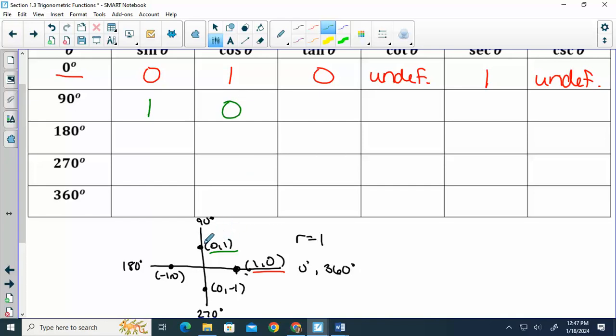Tangent, y over x, 1 over 0. Cotangent. What's the reciprocal of undefined? 0. Secant, reciprocal of cosine, and cosecant, the reciprocal of sine.